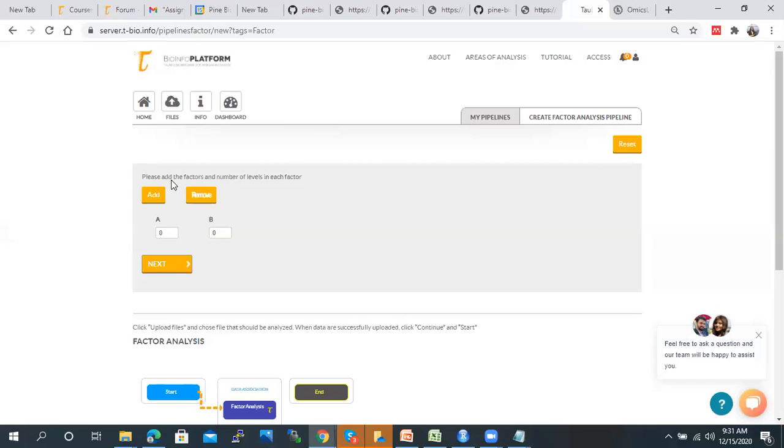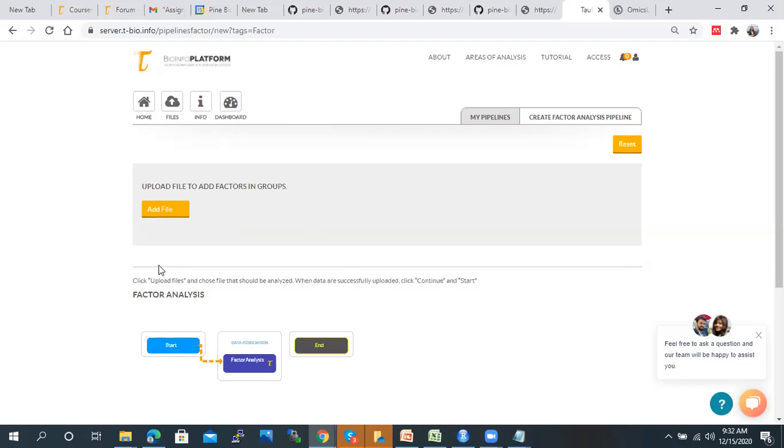If you read it here, please add the factors and the number of labels in each factor. So in a particular condition, how many further labels are there? As we know that we have two mice models, we are giving two labels. Depending upon how many further labels or factors there are, you can add this value. Then we go to the next. Here we need to provide that file.